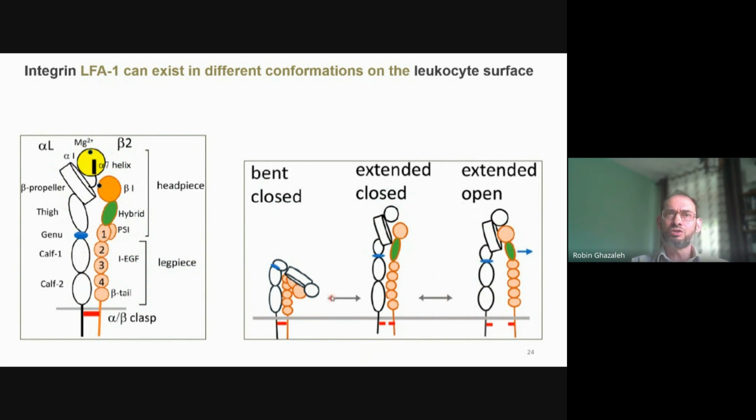The physical structure of this integrin can change, and that depends on association with the ligand, which is ICAM-1 on the endothelium, and also with signals that it receives from inside, that is the inside-out signaling. And these structural changes also signal inward.